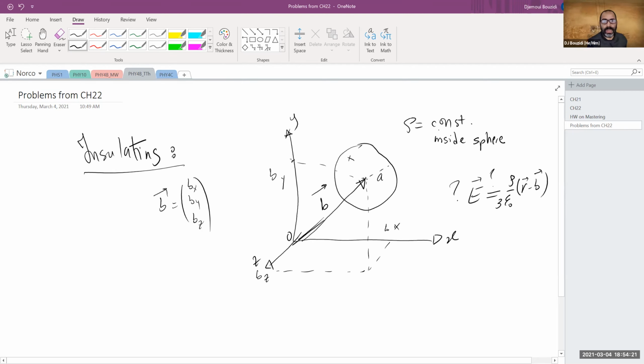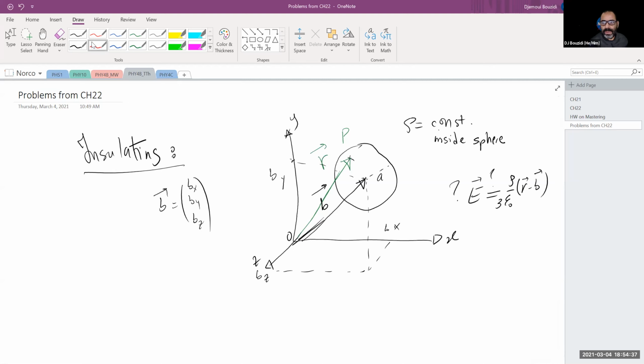This point, specifically P, has this coordinate R. And this is the vector R minus B. This vector actually points in this direction.